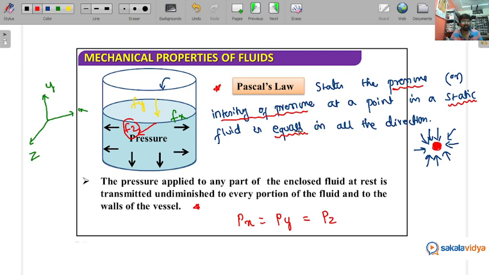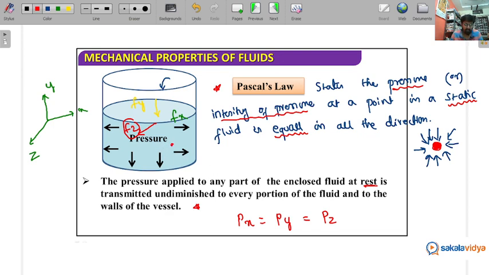Whatever may be the direction, it is equal. So the pressure applied to any part of the enclosed fluid at rest is transmitted undiminished to every portion of the fluid and to the walls of the vessel.